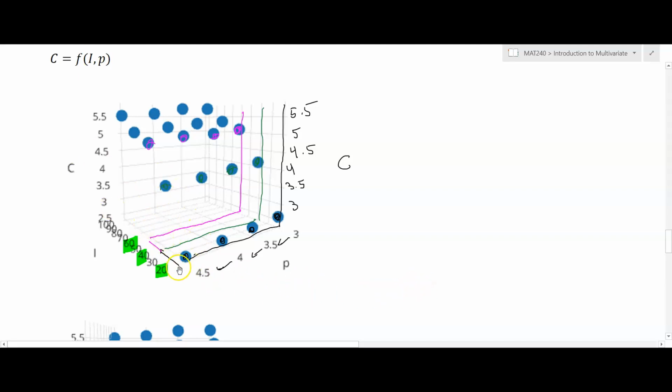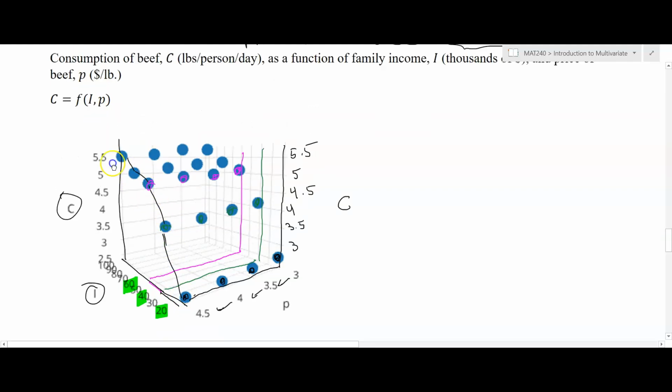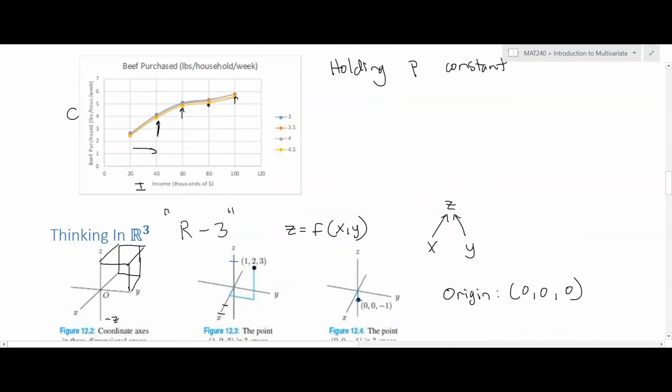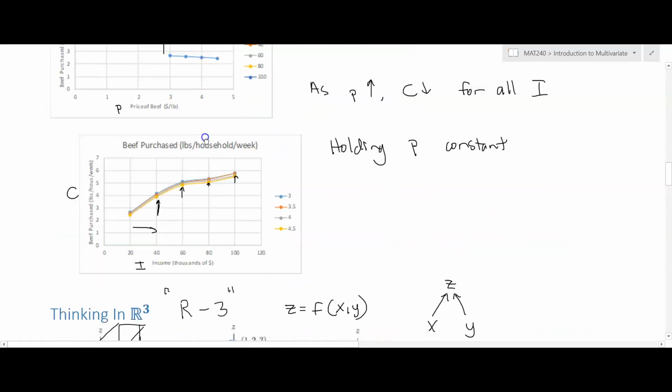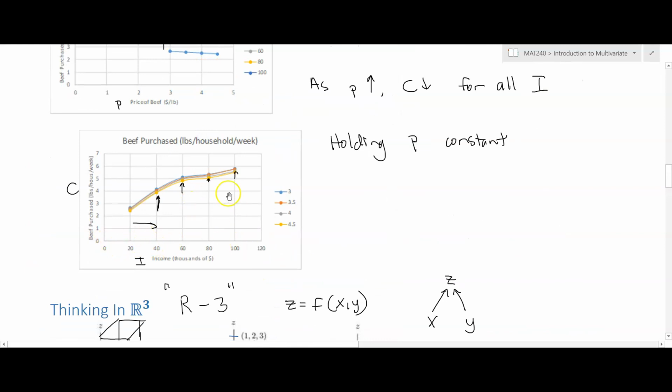Now the same graph, if we rotate it, we can also see that if we look at I versus C, looking at it this way, I can see that these 1, 2, 3, 4, 5 points actually form what we're seeing when we look at income versus consumption, which is this graph here.